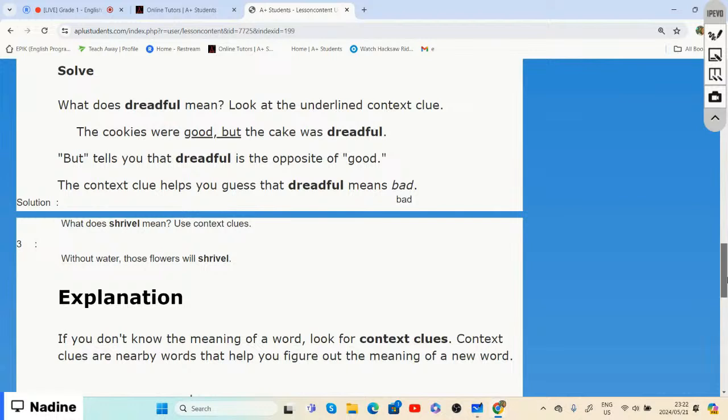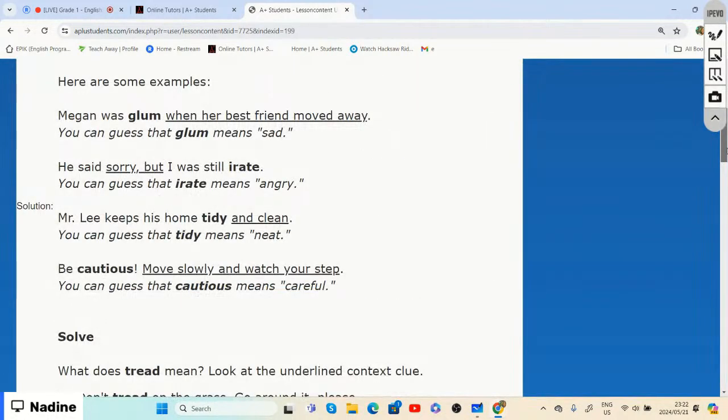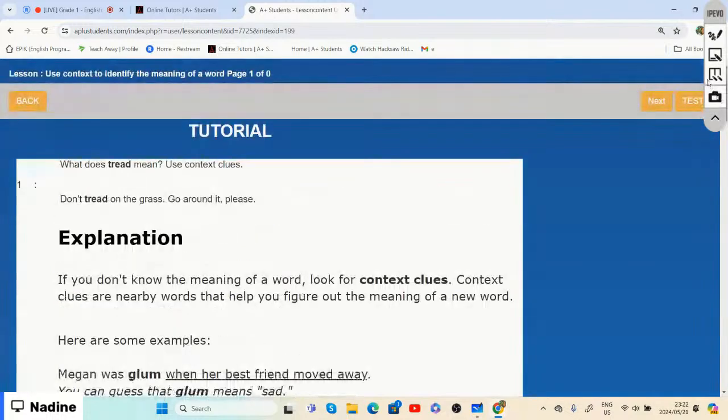All right, so if we look at the word shrivel, it says that without water, those flowers will shrivel, meaning that it is about to die. If the flowers do not get enough water, then slowly but surely it is as if they are about to die. So shrivel means to dry up or die.